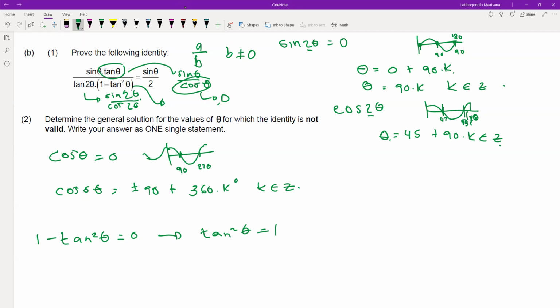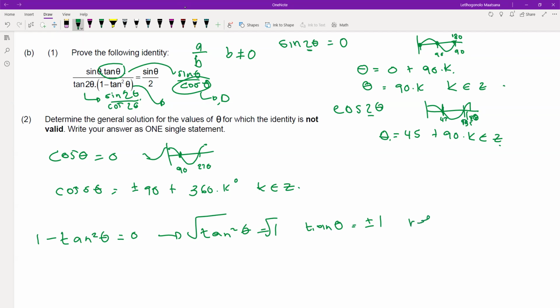Then we can square root both sides. So that would be tan theta equals plus or minus 1, so both negatives and positives will do for this.